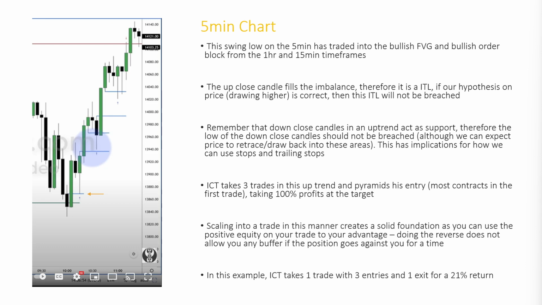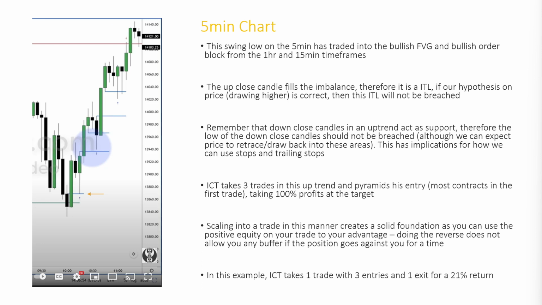Keep in mind that in the uptrend, we shouldn't see these down close candles' lows be breached, otherwise the trend will be over. That's where we can place our stop. So it makes perfect sense. If we're expecting the trend to continue, our stops would not be breached. But if the trend was over and therefore we'd be expecting lower prices, our stop would be triggered and that would protect the profit or the risk on our trade.